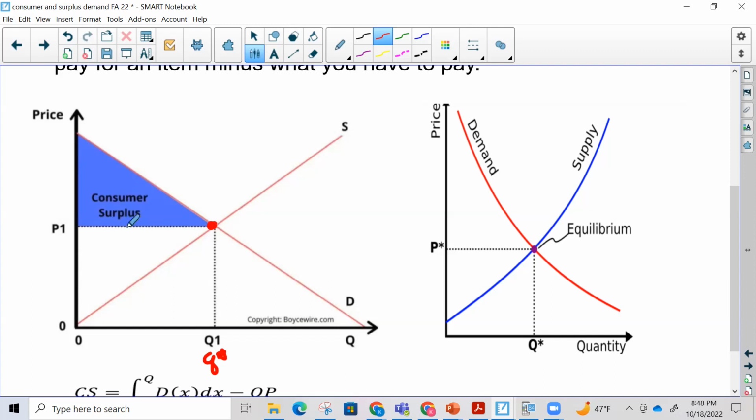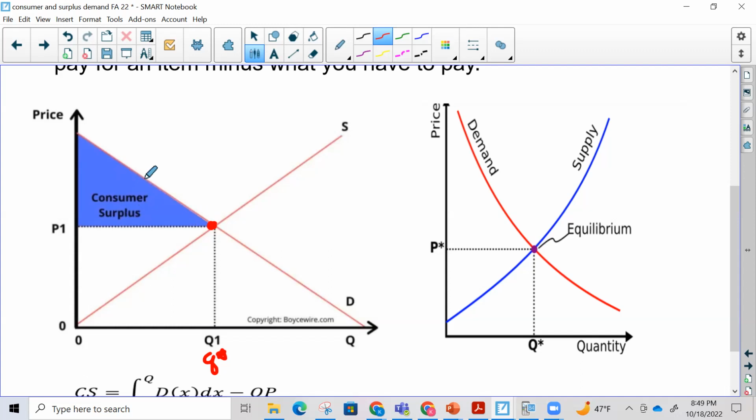But consumers are willing, depending on the price point, to pay more than the equilibrium price. When there was less quantity, the demand was higher, and they were willing to pay a lot more than the equilibrium price. As the quantity increased, they're willing to pay still more than the equilibrium price, but it's closer to that value.